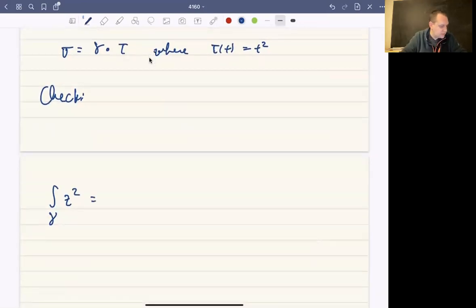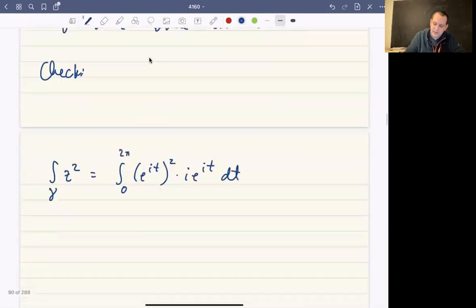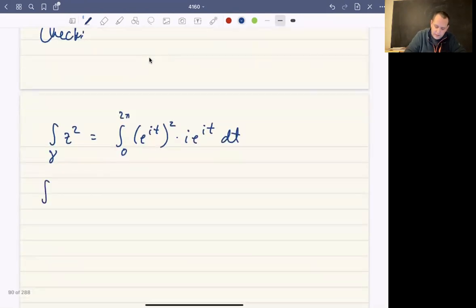On the one hand, you will get the integral from 0 to 2 pi of e to the it squared times i e to the it dt, and I'll let you evaluate that. On the other hand, you could go from 0 to the square root of 2 pi.